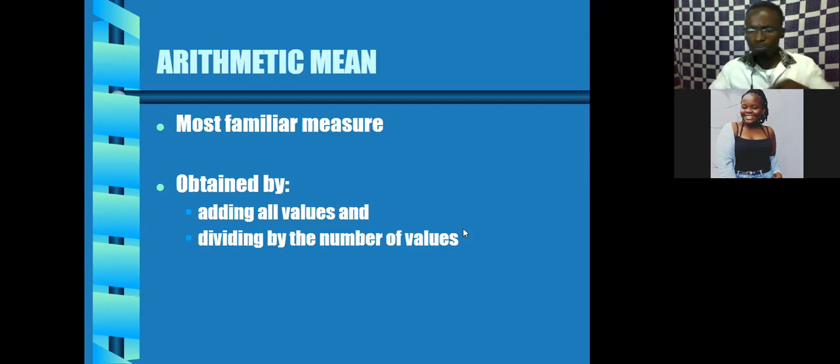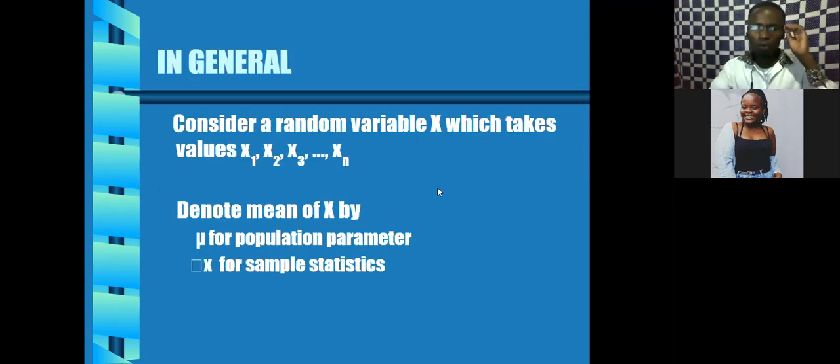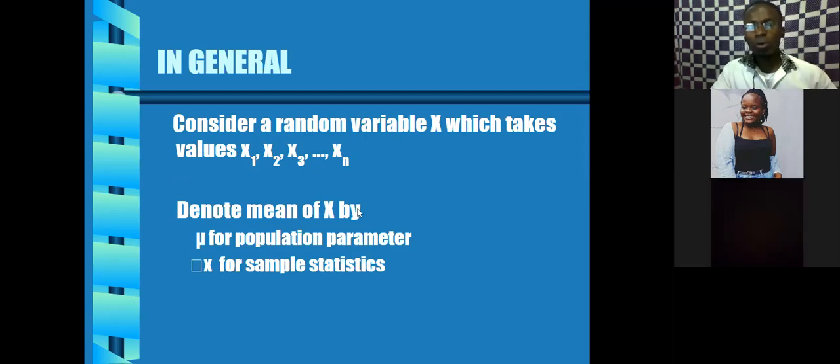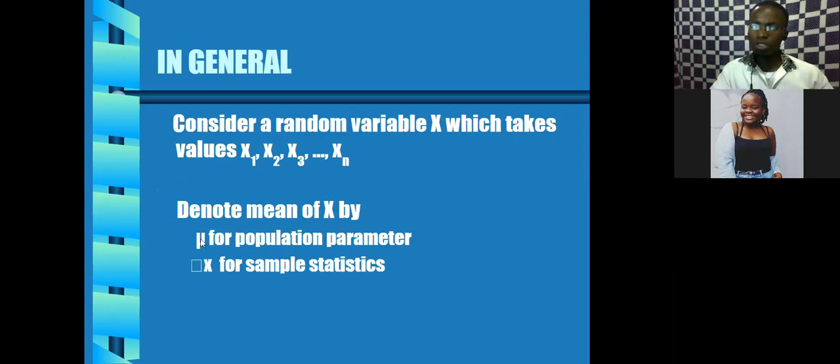Now let's look at the formula. How do we calculate that? Let's consider a random variable x, which takes values x1, x2, x3 up to xn. We denote the mean of these variables using that sign for the population parameter.